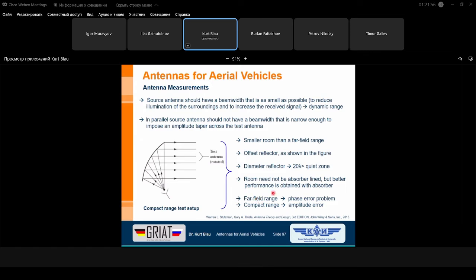And this is for, let's say, a measurement system which uses the two towers and does not use the compact range, or in other words, it's the classical antenna test scenario. And in case of the compact range, then we have magnitude or amplitude errors. Why?